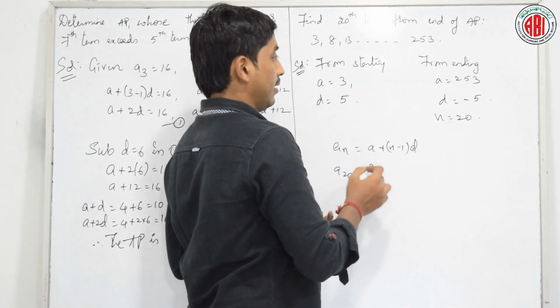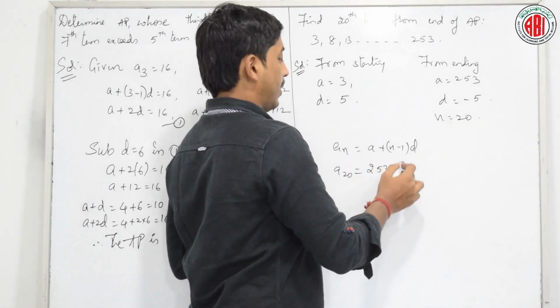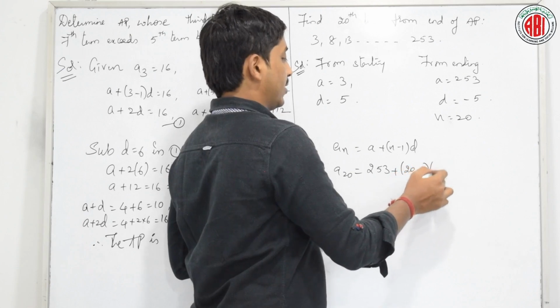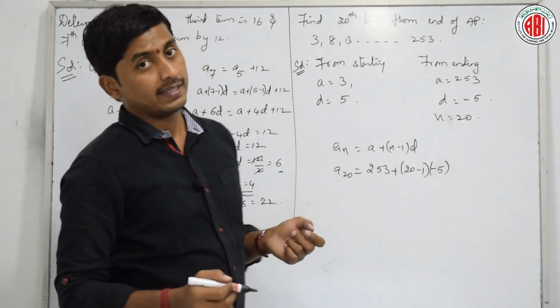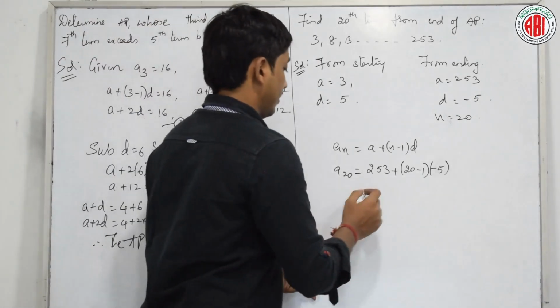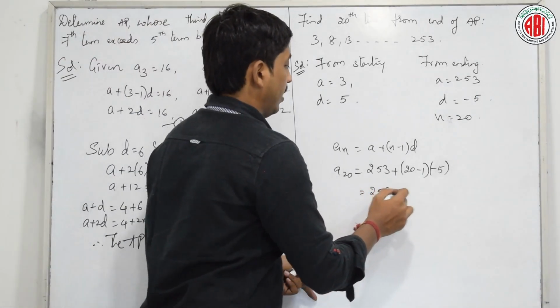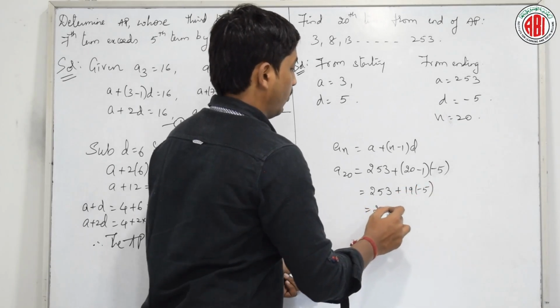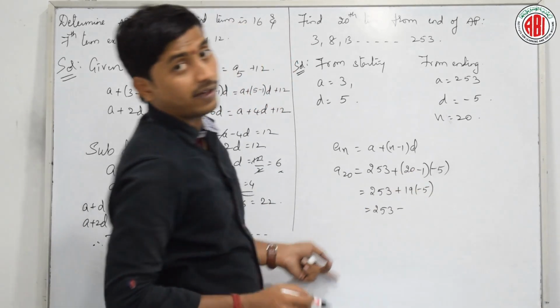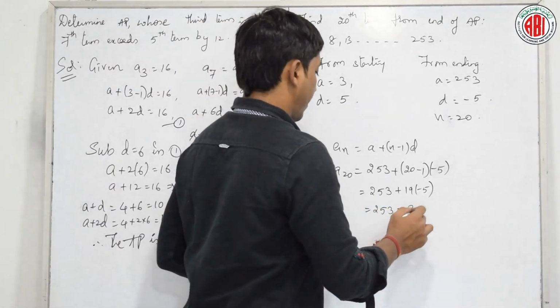a20 is 253 plus 20 minus 1 into minus 5. Is it right? That is 253 plus 19 into minus 5, that is 253 minus 19 fives is 95.